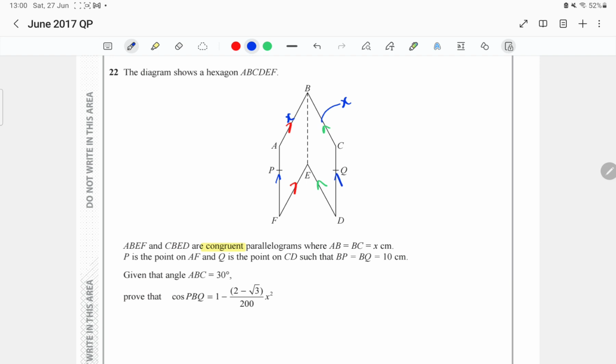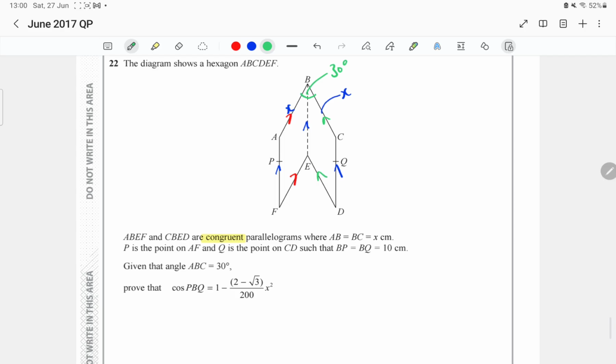So that means, because they're congruent, these three must be parallel. Okay, and then also we know that the angle ABC is 30 degrees. And we have to find PBQ. So let's draw that as well.